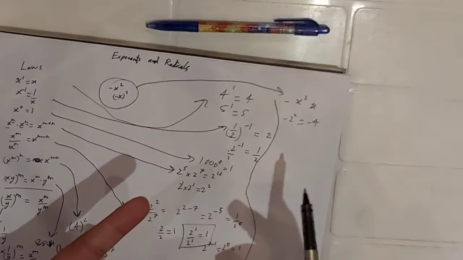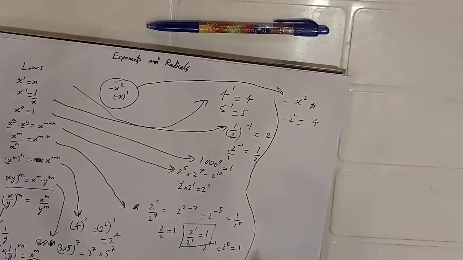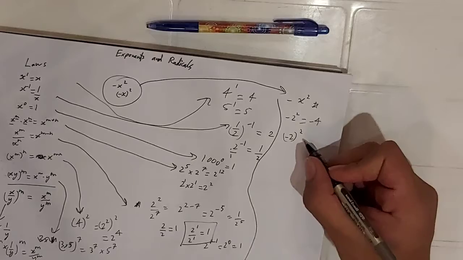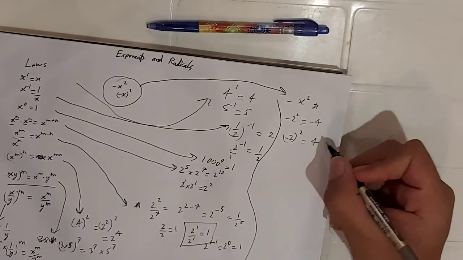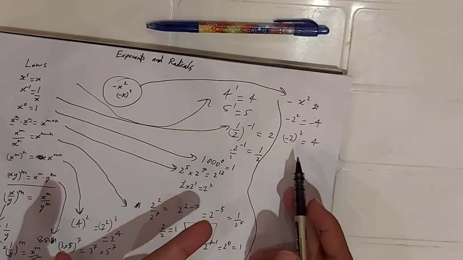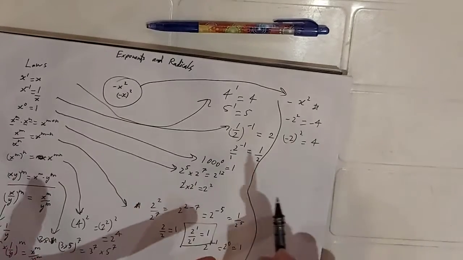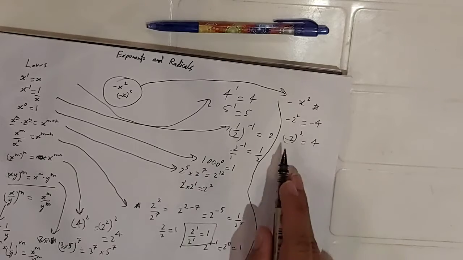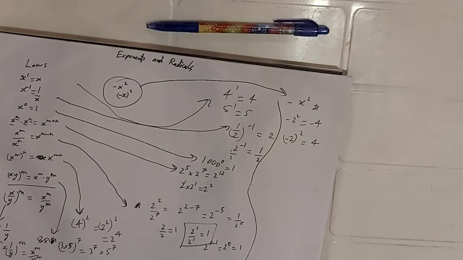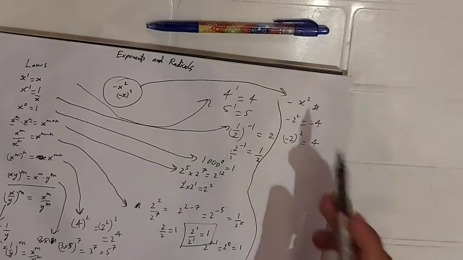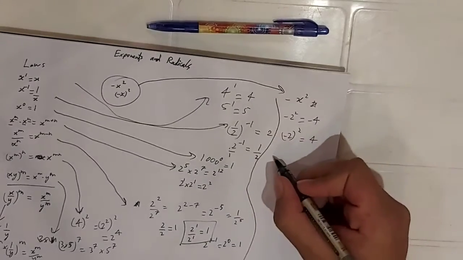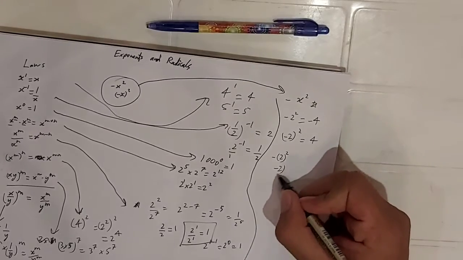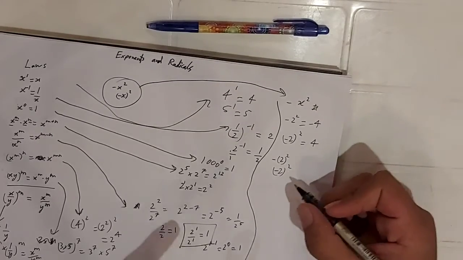You might be thinking it must be 4, but if there is no bracket around it, nothing will happen. Minus square is plus, that's a given because minus 1 into minus 1 is equal to plus 1. So if there's a bracket, only then you apply the square to the minus sign. If there is no bracket, the minus goes as it is. So without the bracket, it's minus 2 square. And with the bracket, it's minus 2 whole square.